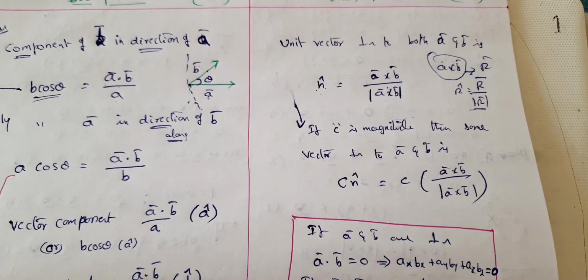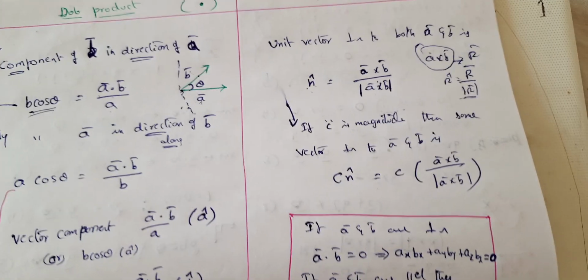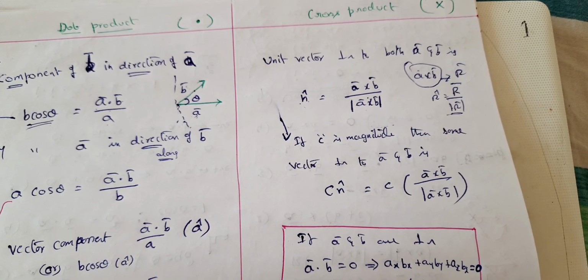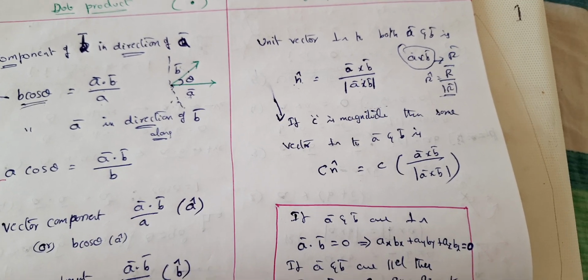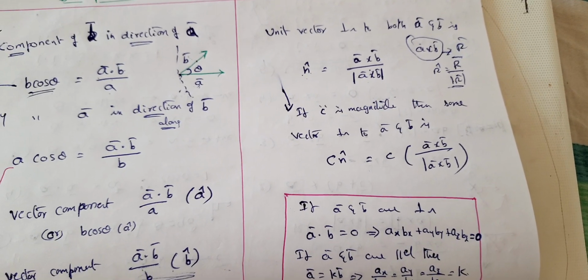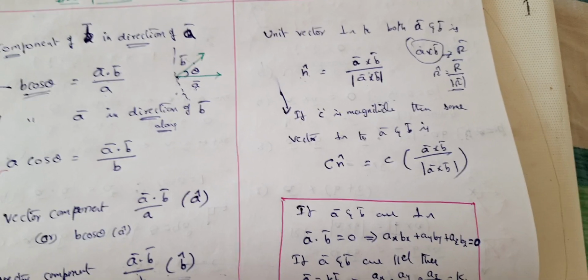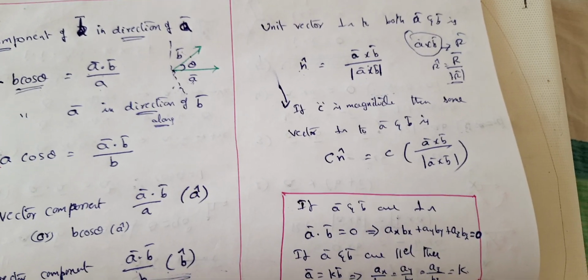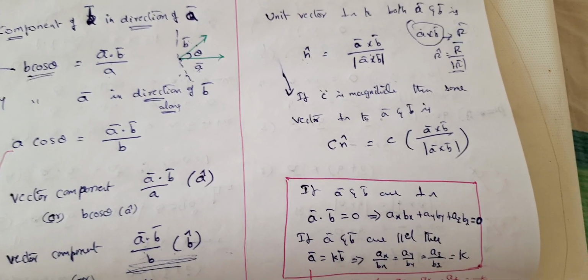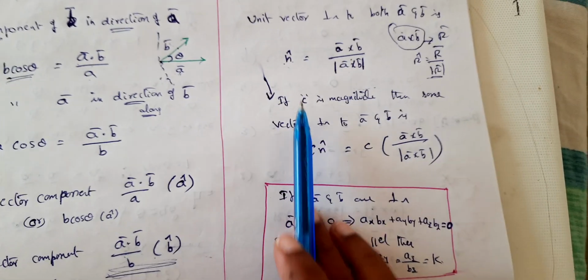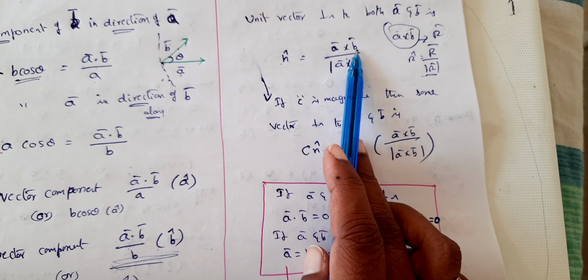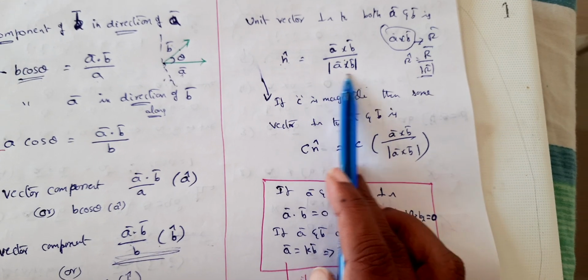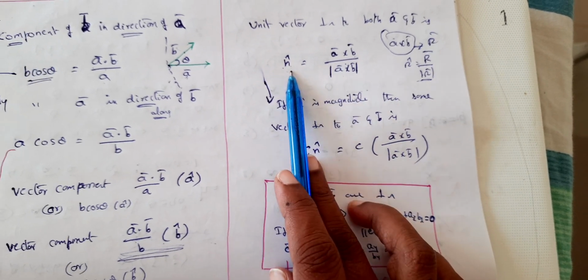So what is the concept that you have to remember? For a unit vector which is perpendicular to both vectors, when two vectors are given and you are asked to find a unit vector perpendicular to both, directly find the cross product between those two, divided by the magnitude of the cross product. That gives you the n cap.